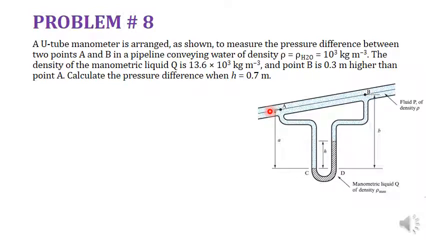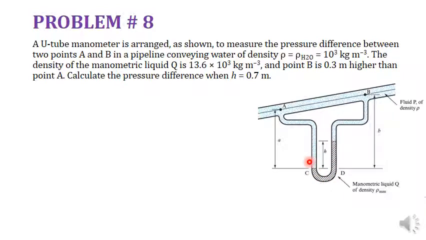This is going to show you a system where water is flowing in a pipeline system that is conveying the water from one point to another point. So it may be a water supply system, it may be a sewerage system. One point within this pipeline system is point A, and the second point is point B, and these points are further connected with the help of these tubes to the U-tube manometer.